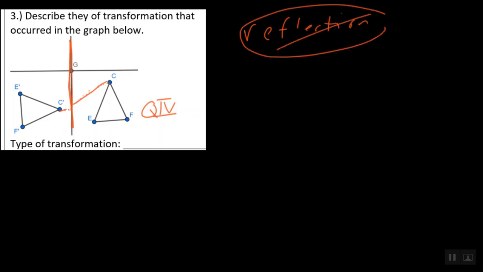Like if I draw a dotted line from C to that line, and then from that line to C prime, notice that this distance and that distance are completely different. So this one cannot be a reflection, all right? We know it cannot be a reflection.